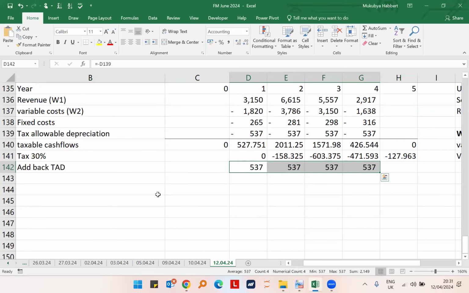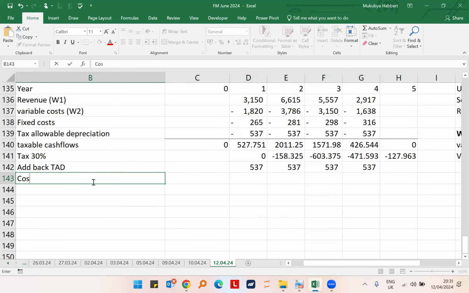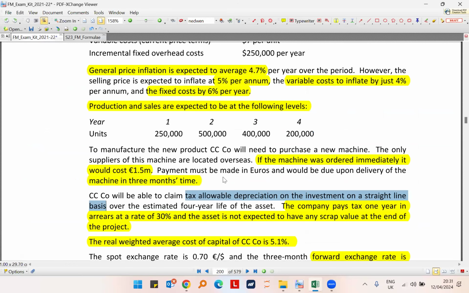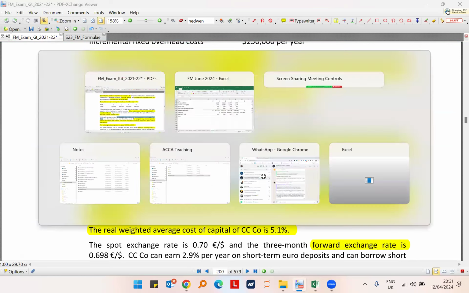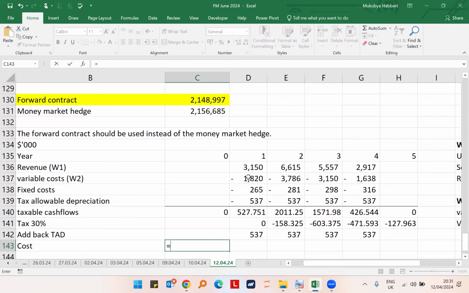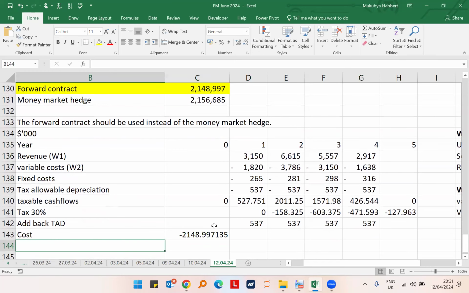So after you add it back, then we look at the cost. Now the cost is the same that we are going to use, the 2.184. So just bring it here, but we're working in thousands, so divide it by 1,000.